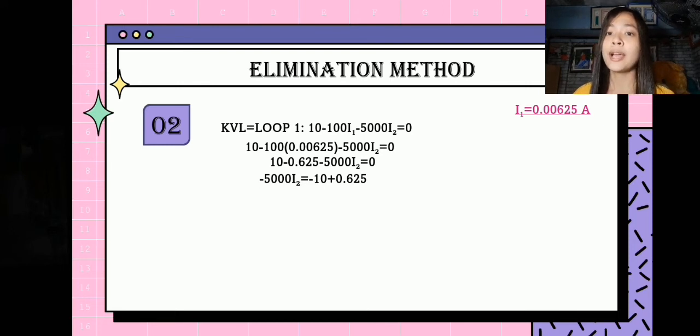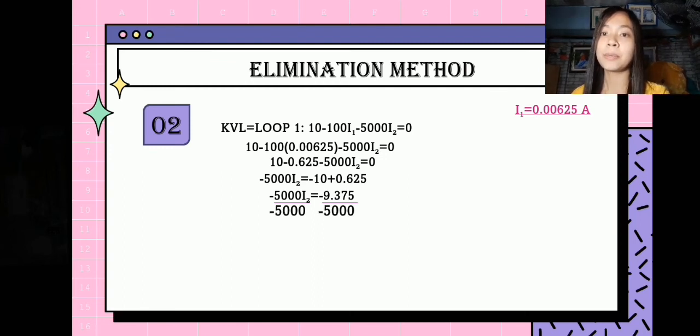Then, we will add the negative 10 and positive 0.625 and it will be negative 5,000 I2 is equal to negative 9.375. So, the next thing we will do is divide both sides by negative 5,000 to get I2.